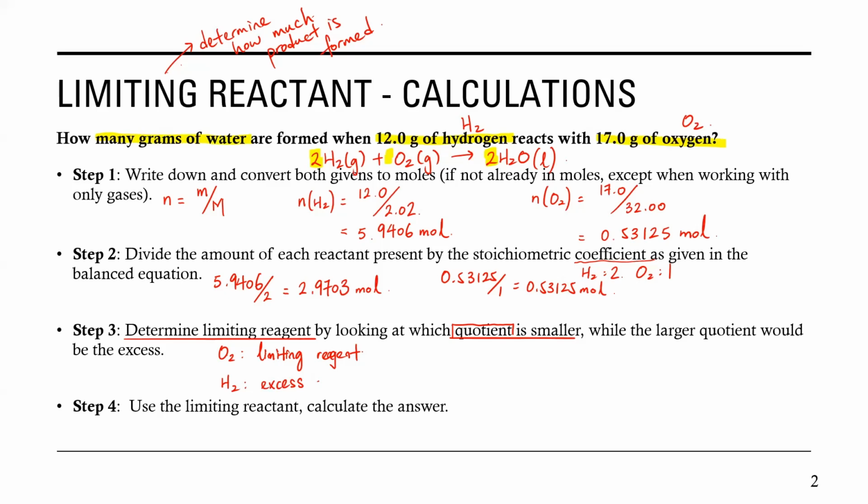Okay, so we have to use this, or you can say we need to use this. Whichever way is fine. The last step is using the limiting reactant that we found to find out the answer. And the answer is basically how many grams of water we will produce. So the first thing, of course, is to find out the number of moles of water.